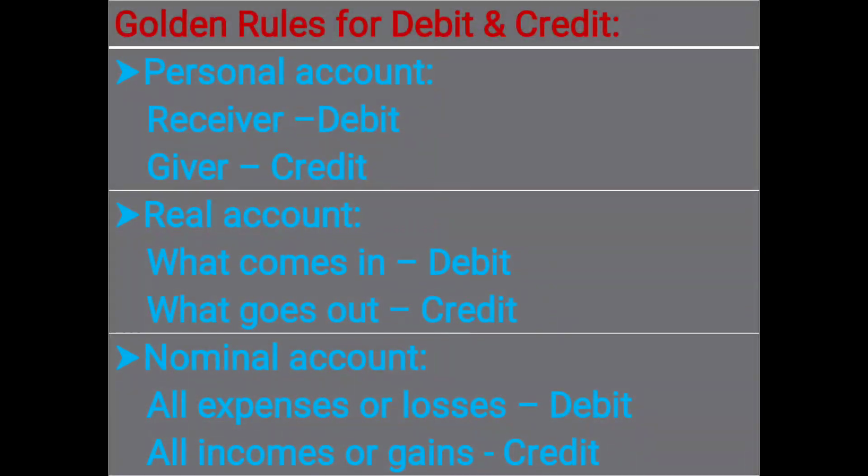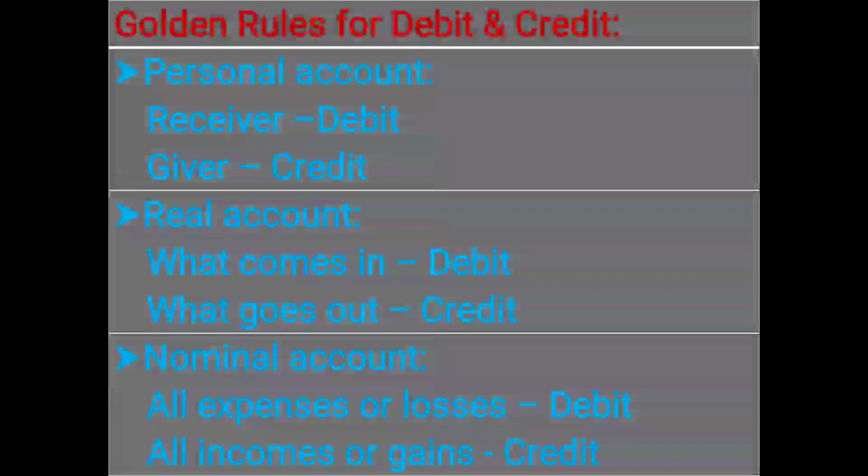Now, I am showing the golden rules for debit and credit, or traditional rules, or British concept, and old rules. You know, 3 types of account under golden rules: personal account, real account, nominal account.